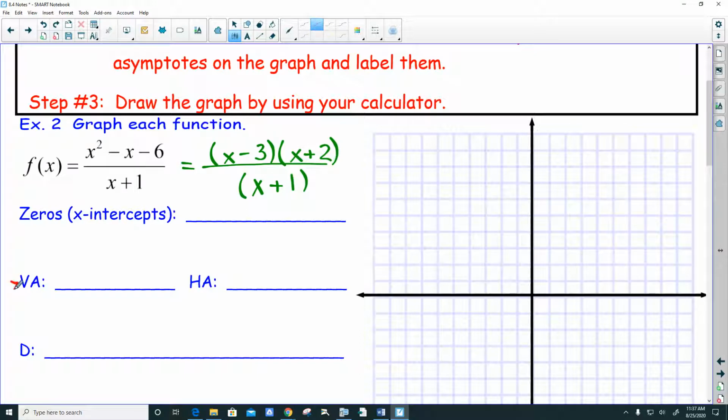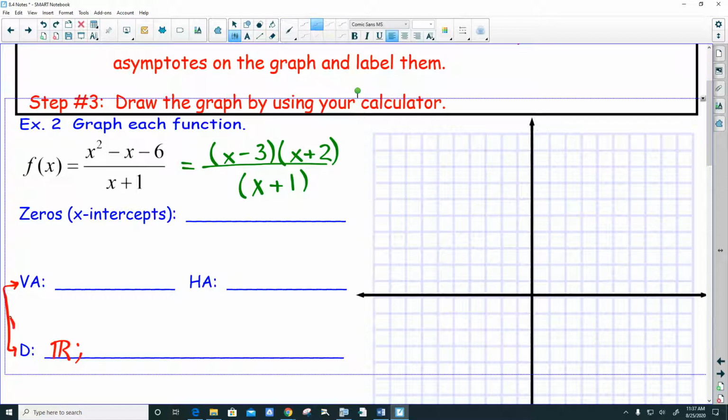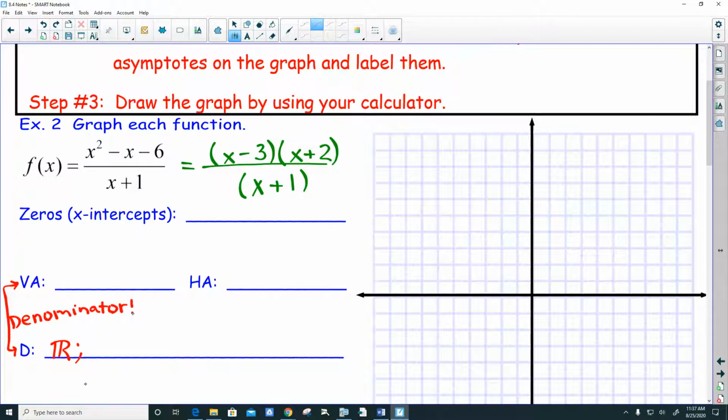Now that we have that, we should be able to kind of zip through here. Keep in mind your vertical asymptote and your domain, you're looking at the same aspect of the problem. So domain restrictions and vertical asymptotes, those come from the denominator. So I'm going to write down all real numbers except x cannot equal -1, and my vertical asymptote is where x equals -1.